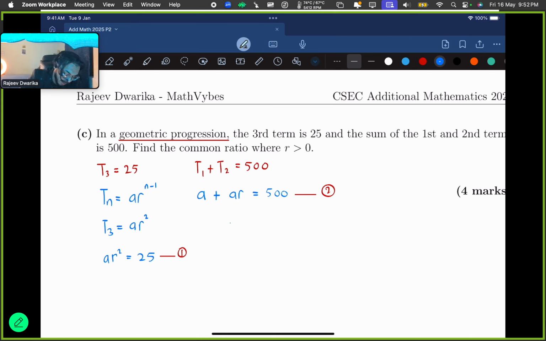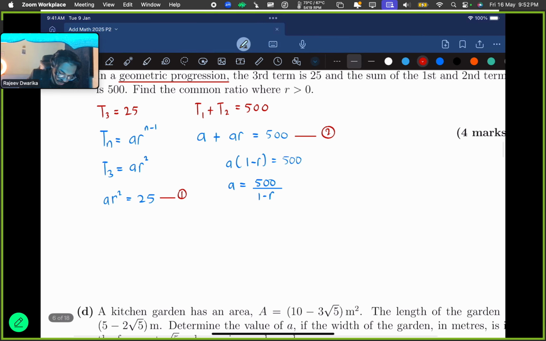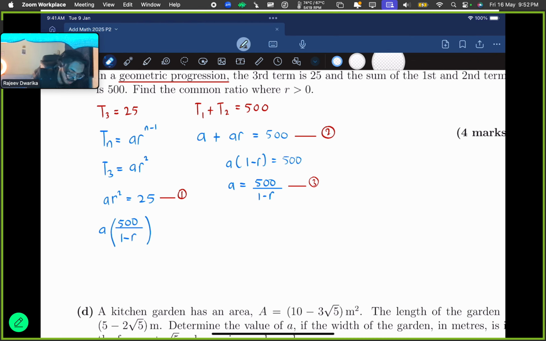What I would do is factor out A, and I would say A times 1 minus r is equal to 500, and so A will be equal to 500 over 1 minus r. I would say that is equation 3, and I would plug that into equation 1, so it would be r squared times 500 over 1 minus r, since A is equal to 500 over 1 minus r.